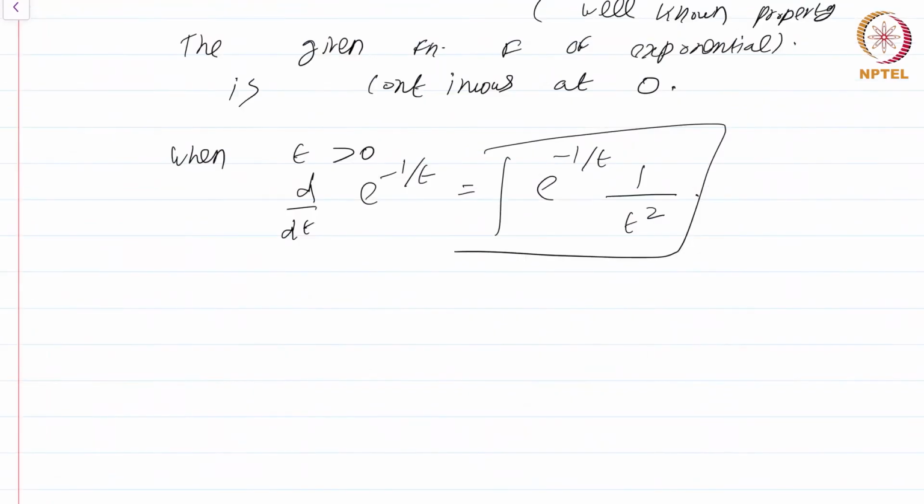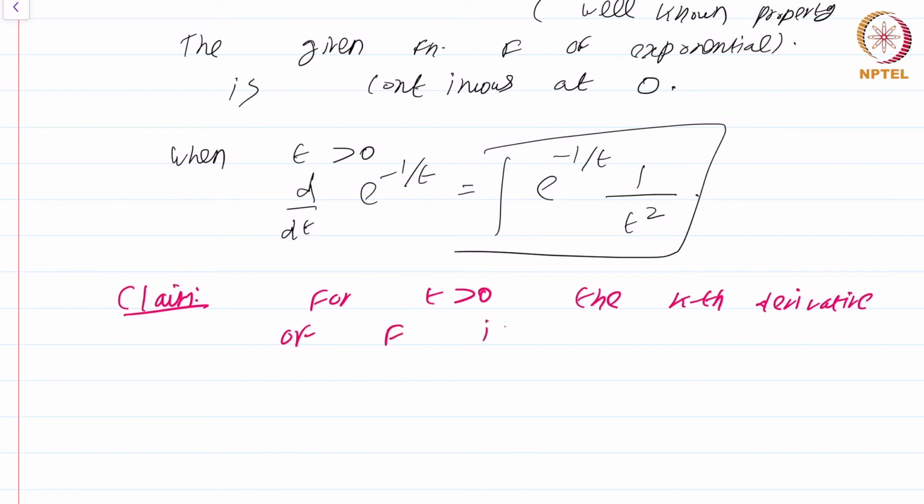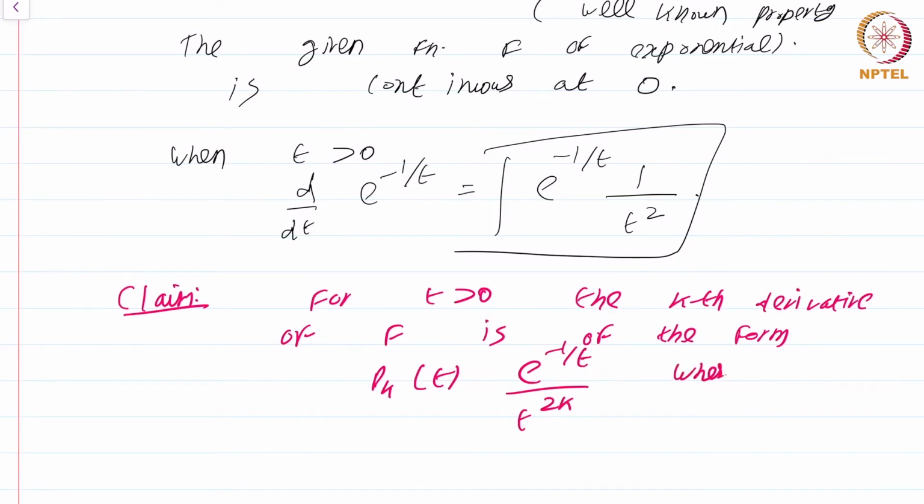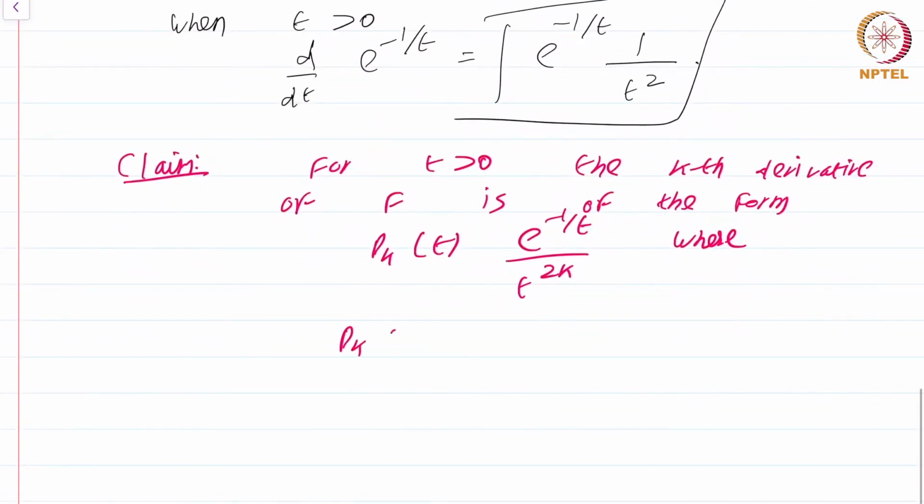Okay, we now have the following claim: for t greater than 0, the kth derivative of f is of the form pk of t times e power minus 1 by t by t power 2k, where pk of t is some polynomial.